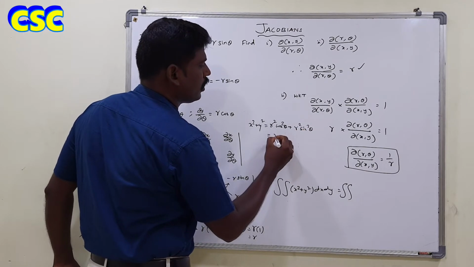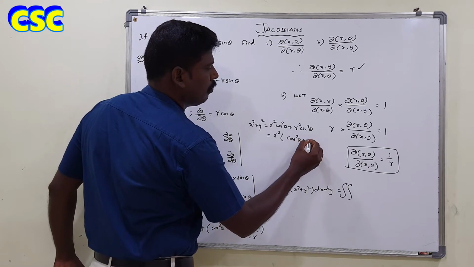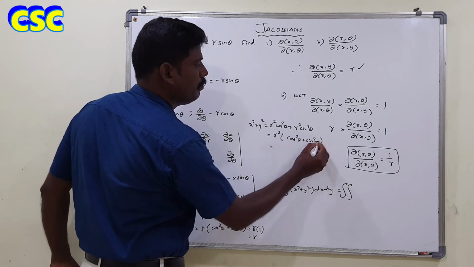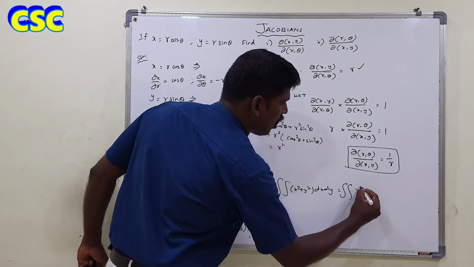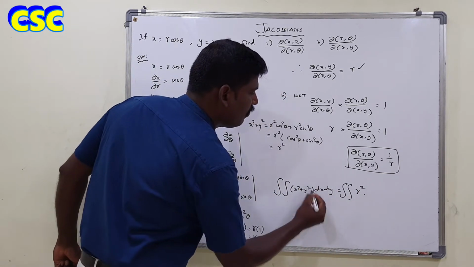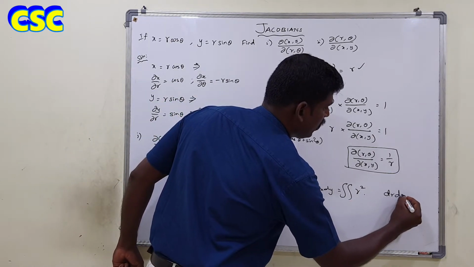Taking r square as common, cos square theta plus sin square theta is 1, so the value is r square. What can we substitute for dx and dy? They are replaced by dr and d theta.